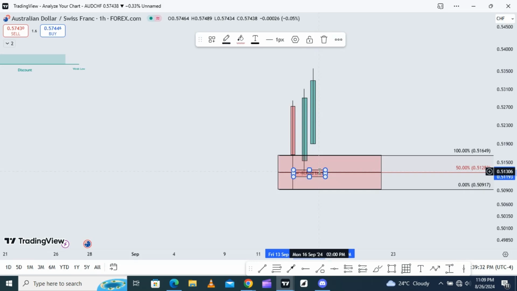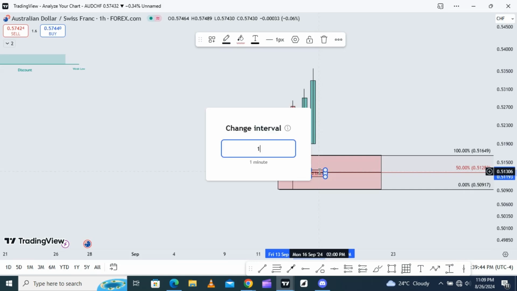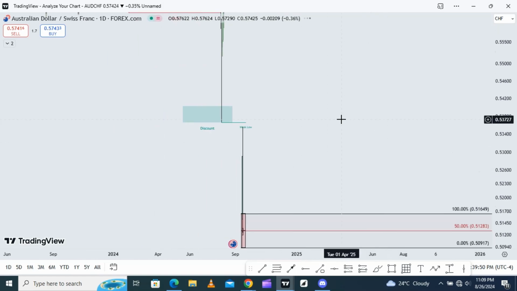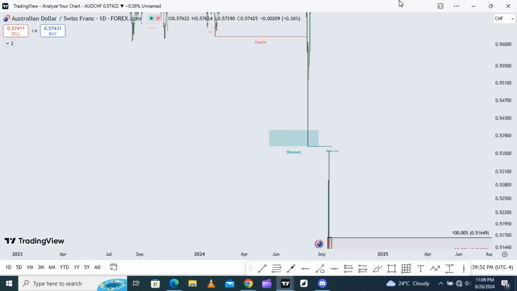So let's go to the daily chart to show you how I take an exact setup based on the wick as a fair value gap. Let's go to the daily for you to see. So like this.